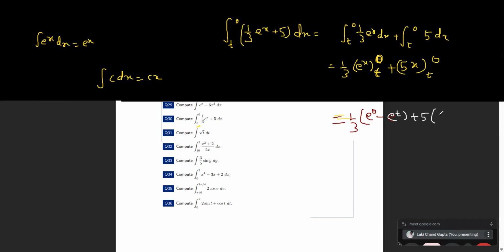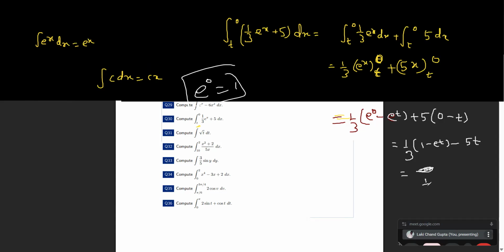Here also, first we put the upper limit 0, then the lower limit, right? So the final answer is: anything raised to 0 is 1, right? e raised to 0 is 1. So this is 1 by 3 minus 1 by 3 minus 5t. This is your answer.